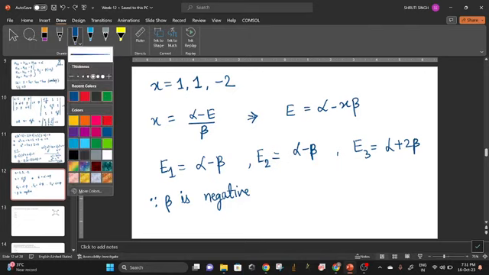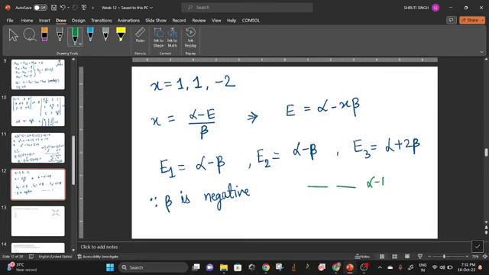So when beta is negative, these two will have the same energy, alpha minus beta, and this will have the lowest energy. Since beta is negative, this term will become alpha minus 2 times something, and we are subtracting something from alpha, and here we are adding. So this will become the lowest energy, alpha plus 2 beta. Okay, so the lowest energy is alpha plus 2 beta.